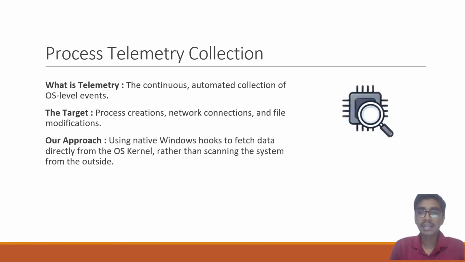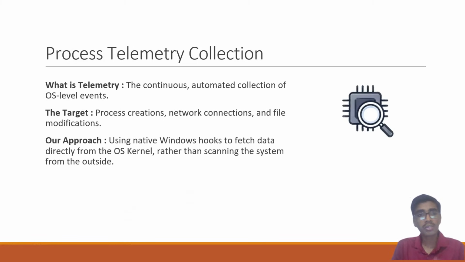First of all, the process telemetry collection. What is this word telemetry? It is the continuous autonomous collection of OS-level events, such as process creation, network connection, and file modification, and further things. But what is the core goal?